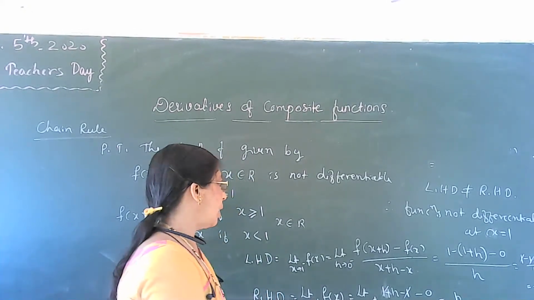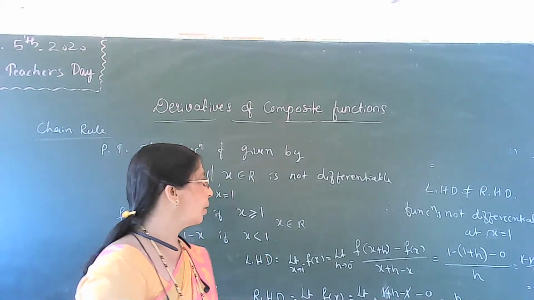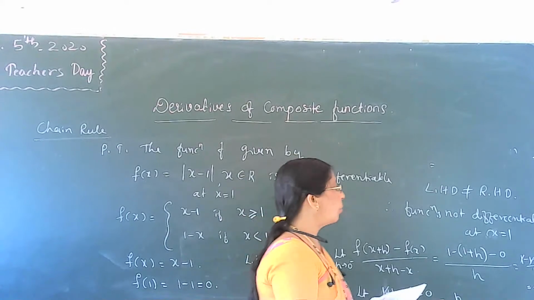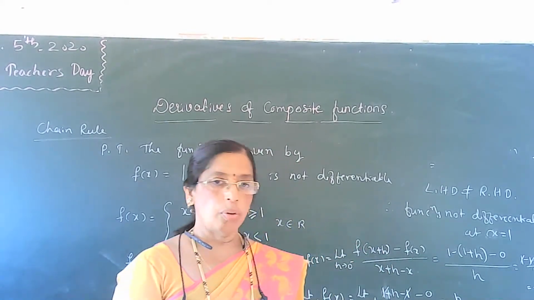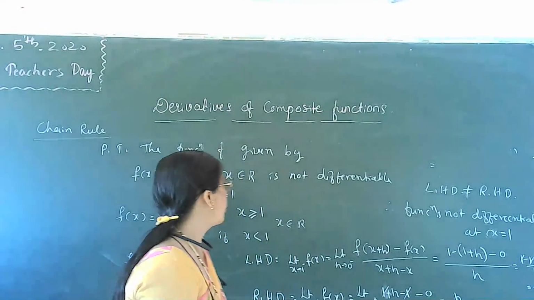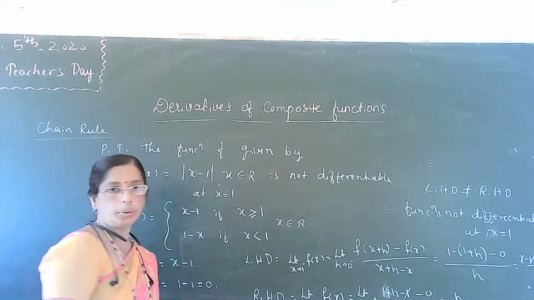But here it is not differentiable at 1. Therefore, here LHD is not equal to RHD, therefore the function is not differentiable. You solve other problems, follow the same steps. Thank you.